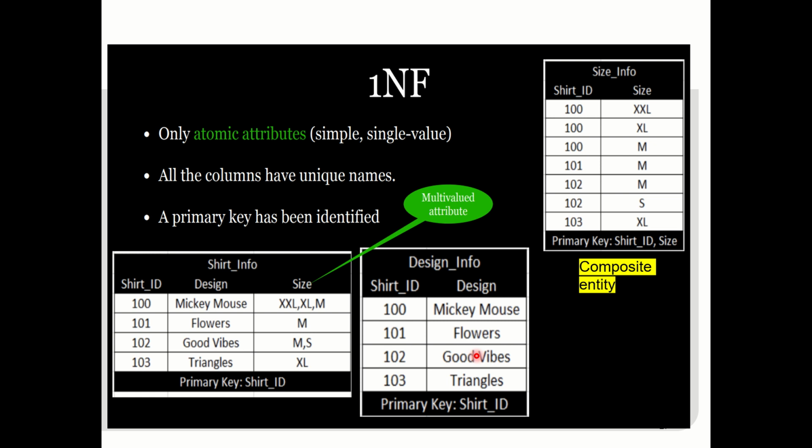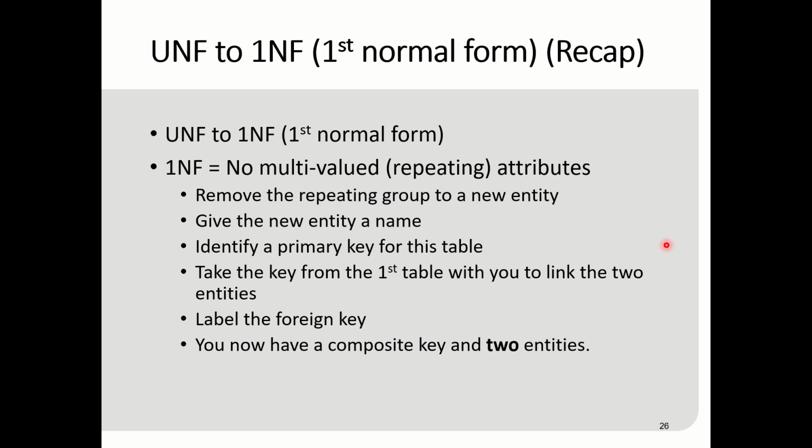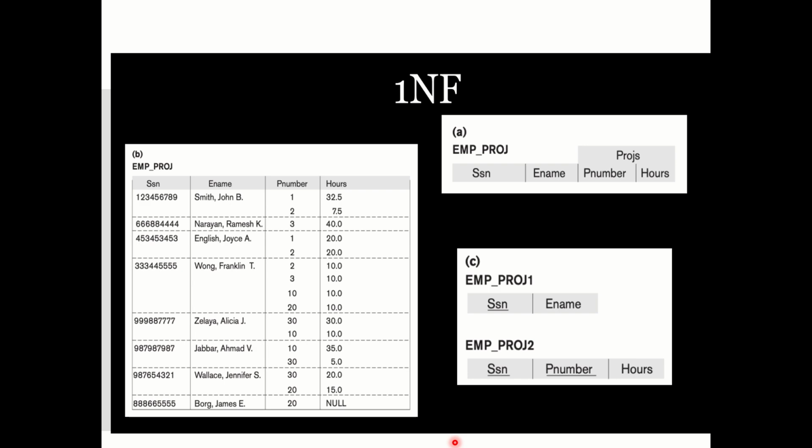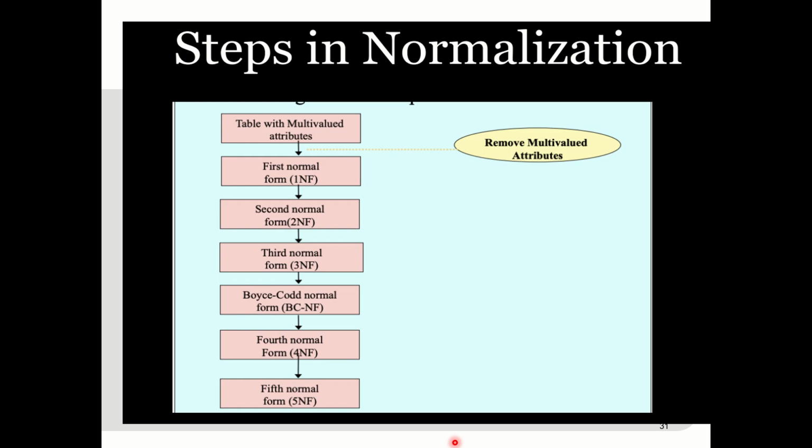So this is how you will actually expand your 1NF. So if you have a multi-valued attribute, this is the simple algorithm or procedure which you could follow in order to make a composite entity. Okay, and you can also have the rest of your tables in that. So this is what we have seen.